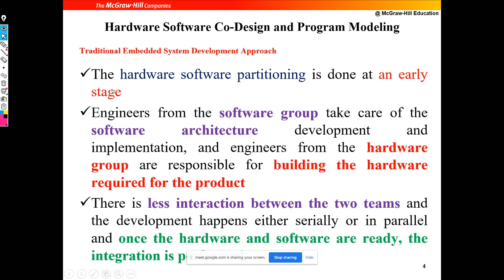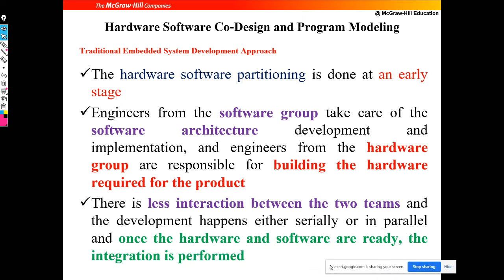Okay, so coming to the hardware software co-design, right? Embedded systems, as we saw, mainly have lots of embedded components like hardware components. They may be electrical, mechanical, and they also have electronic hardware components.